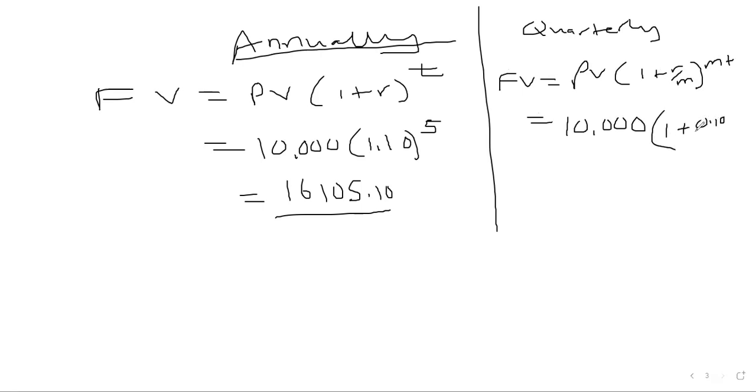But because it's quarterly, quarterly means 4. If they said monthly, you would have divided by 12. If we said weekly, you would have divided by 52. If we said daily, you would have divided by 365.